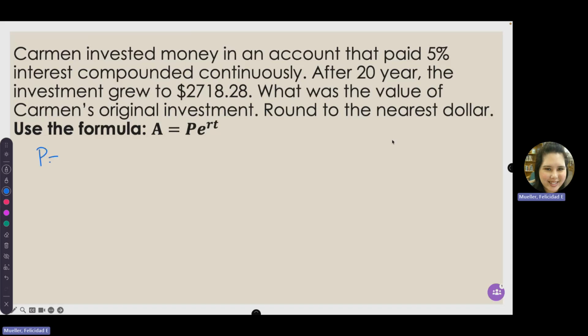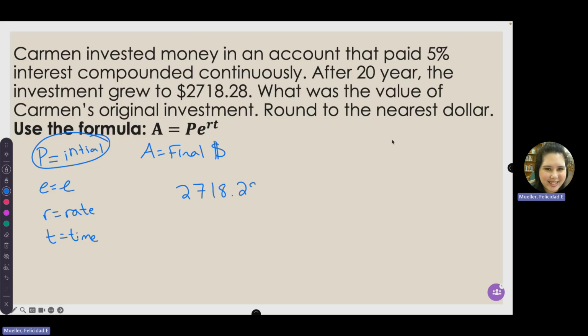P is going to be your principal, so your initial amount. Oh, capital A is my final amount. E is E, R is rate, and T is time. So this time we're actually solving for P. So we know that A equals 2718.28.